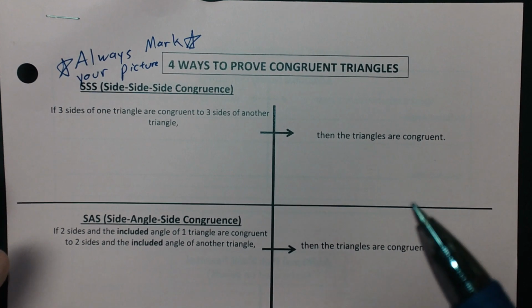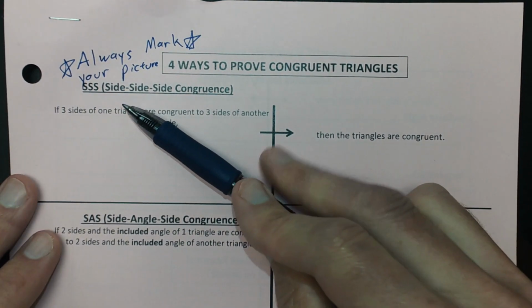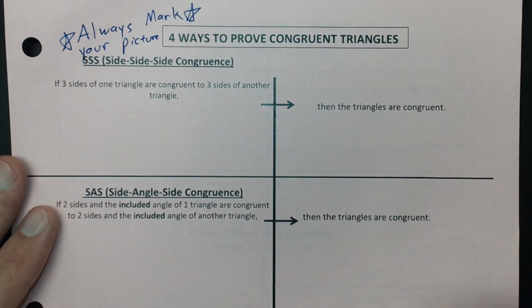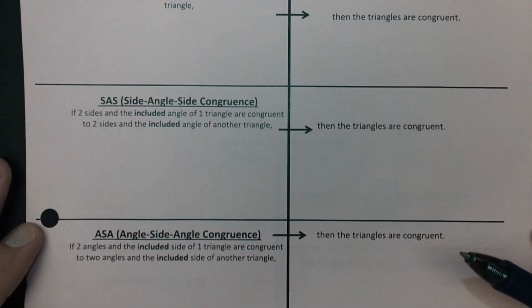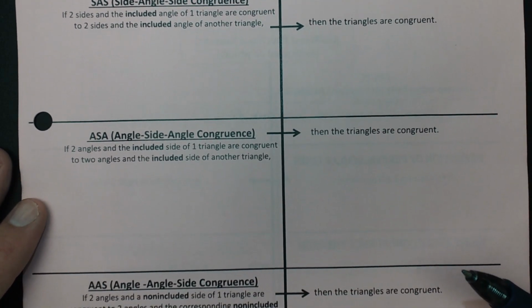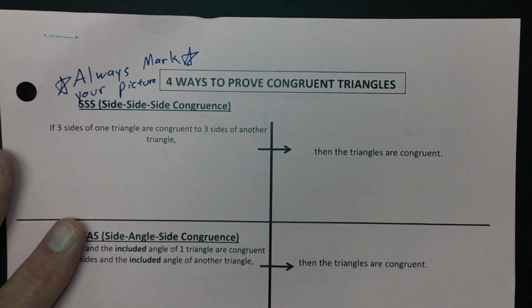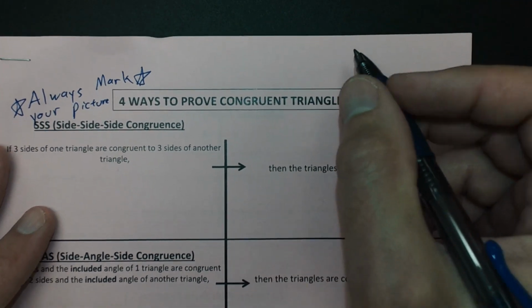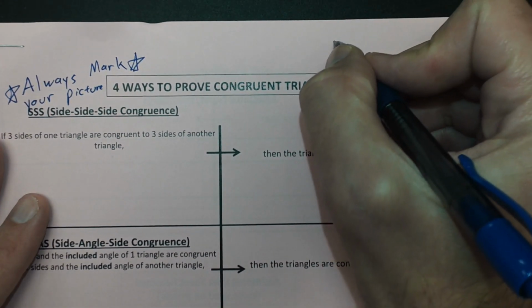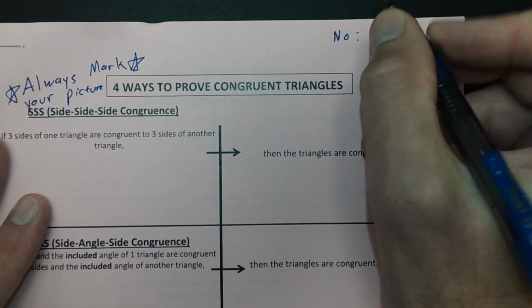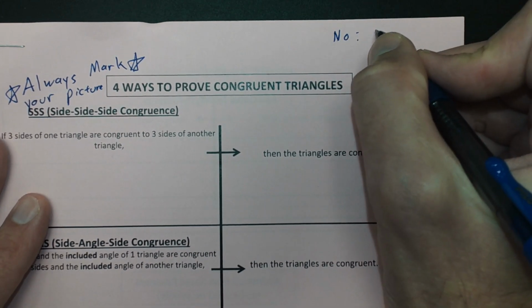So there's 4 ways that you can prove triangles to be congruent: side, side, side; side, angle, side; angle, side, angle; and angle, angle, side. Notice that there's two other common misconceptions about other things that might be possible.